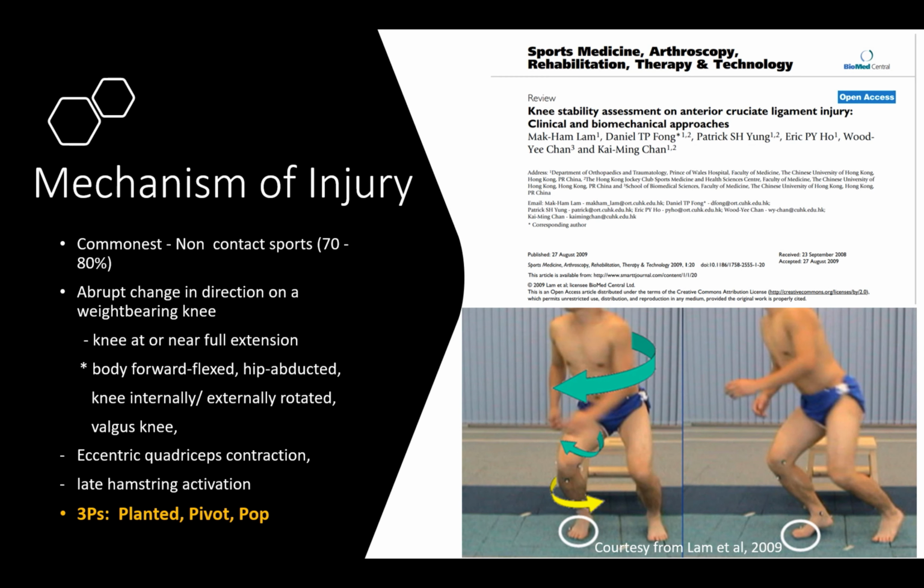Many a times, the planted foot is pronated at this point to allow rotation to occur. And in addition to the rotation, when the valgus force to the knee is applied, then it makes the ACL fail. For most athletes, this maneuver is something that they do every day during training, and they get adapted and rehearsed many times without any problem.